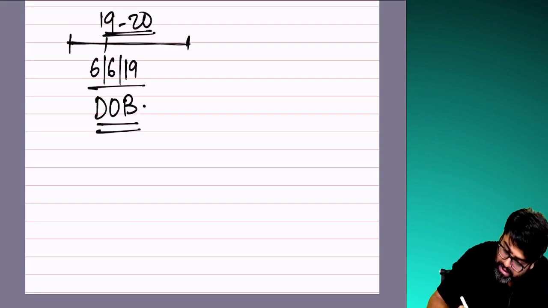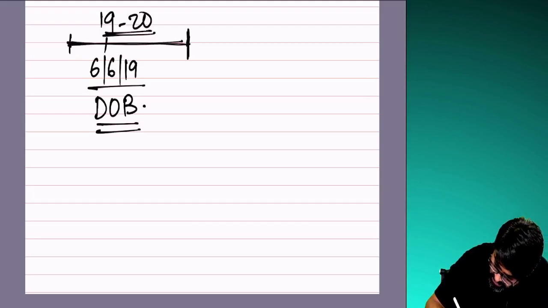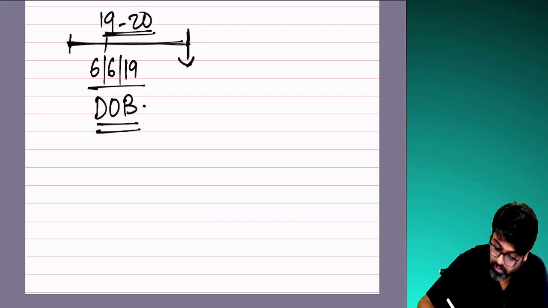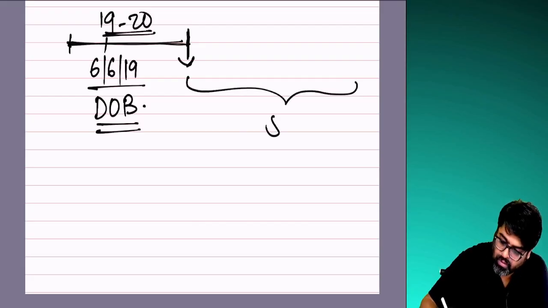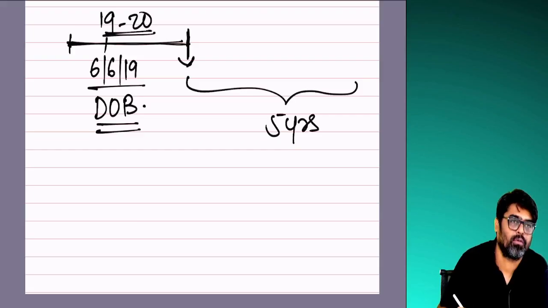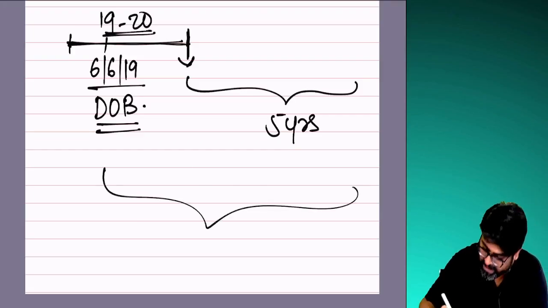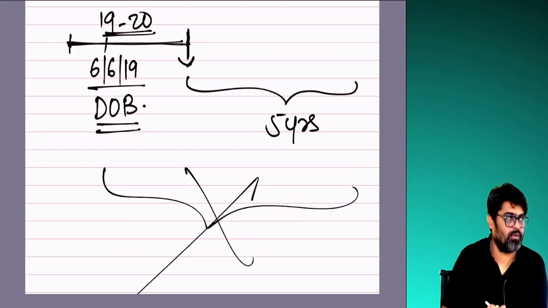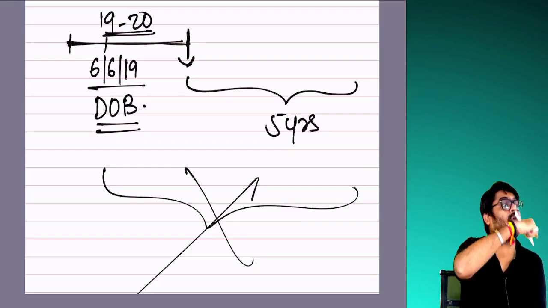So the year in which the loan was taken, the end of that year. From that, you are supposed to count 5 years. If you count 5 years from the date of borrowing, the answer is wrong. Check 5 years from the end of the year in which the loan was taken.